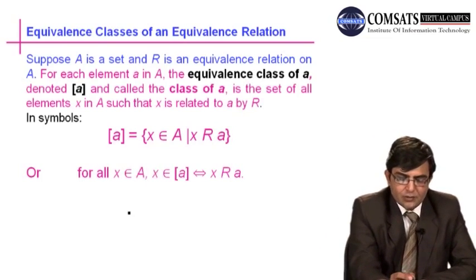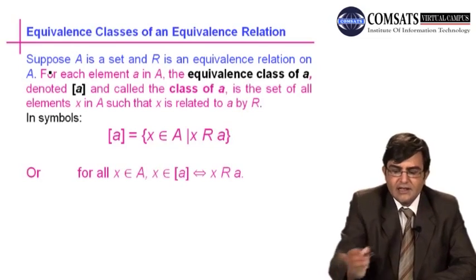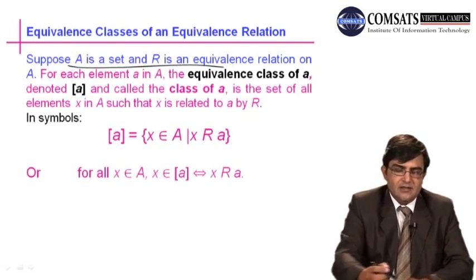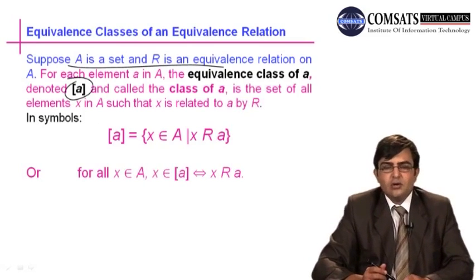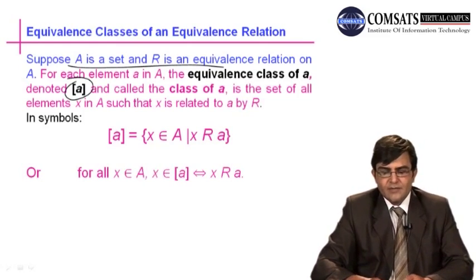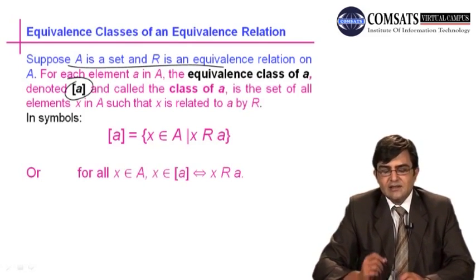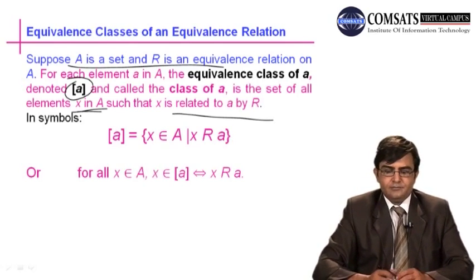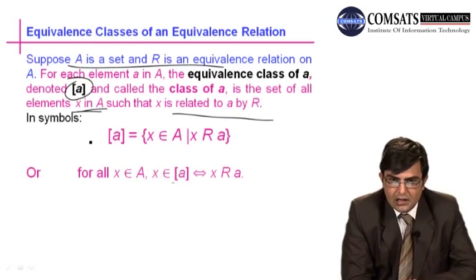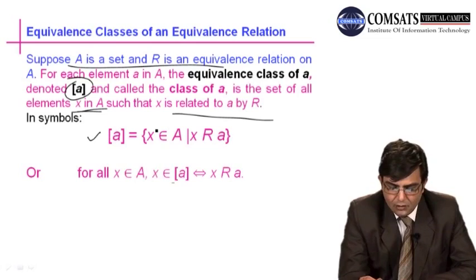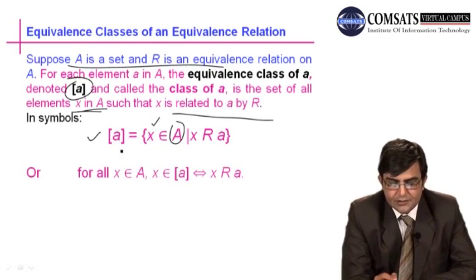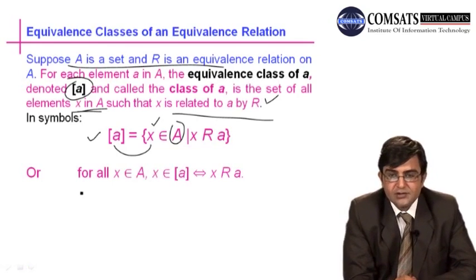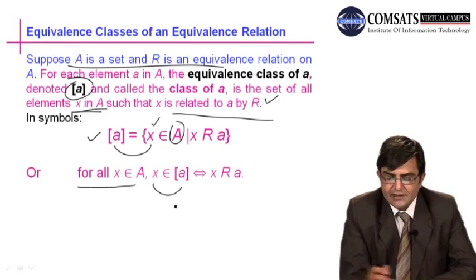By definition, suppose A is a set and R is an equivalence relation on A. For each element a in A, the equivalence class of a, or simply the class of a, is the set of all elements x in A such that x is related to a by R. That is, this equivalence class of a contains all those elements x of A which are related to a under the relation R defined on the set A. Or we can say that for all x belonging to A, x belongs to this class if and only if x is related to a.